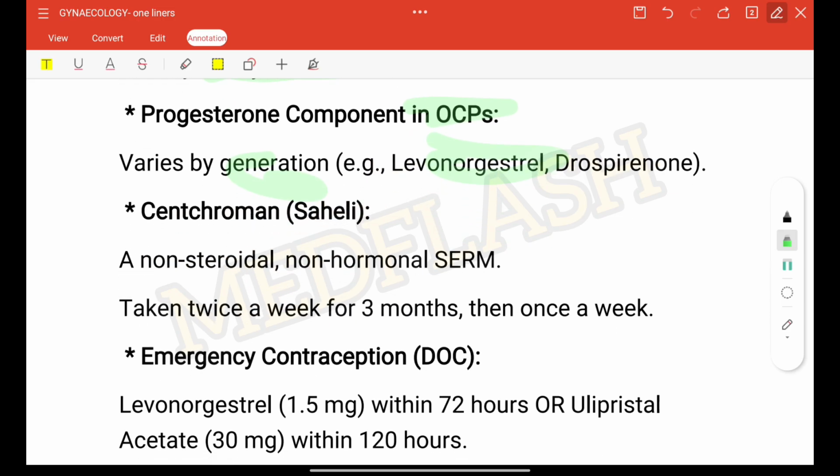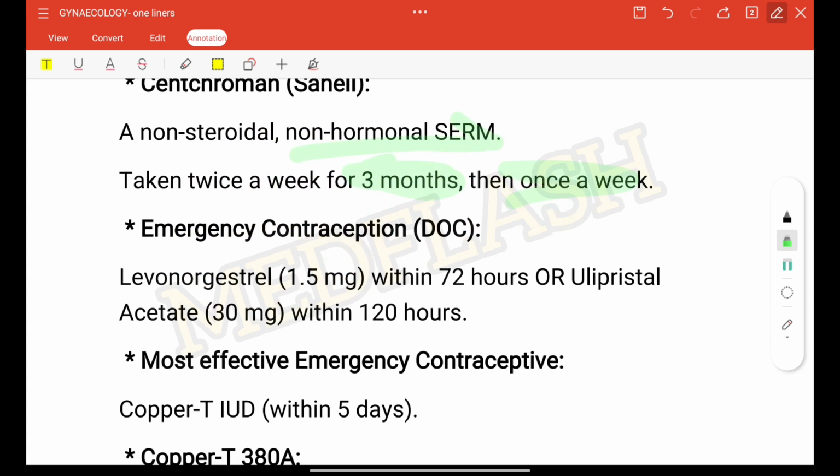Centchroman or Saheli, a non-steroidal, non-hormonal pill, is taken twice a week for 3 months, then once a week. Emergency contraception drug of choice is levonorgestrel 1.5 mg within 72 hours or ulipristal acetate 30 mg within 120 hours.